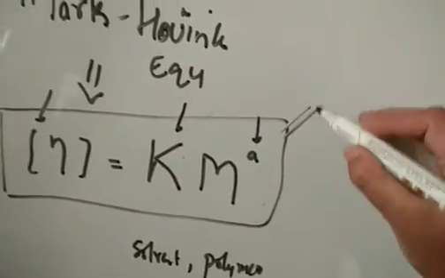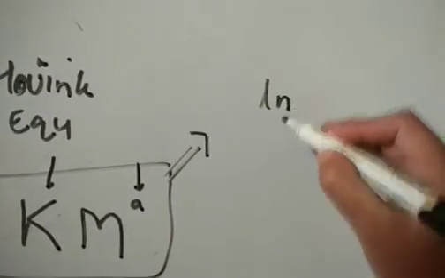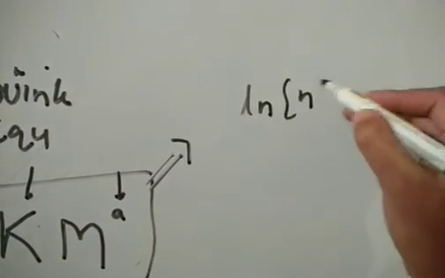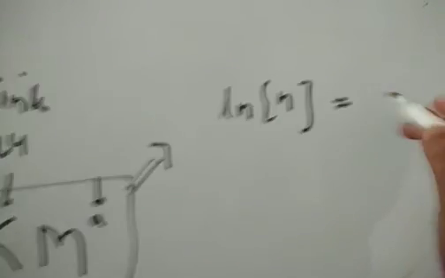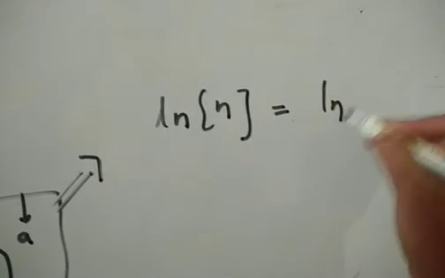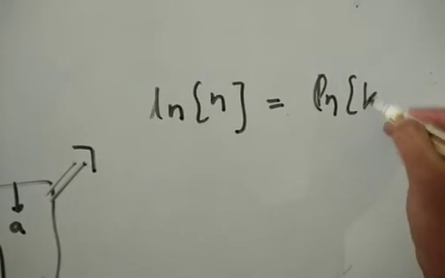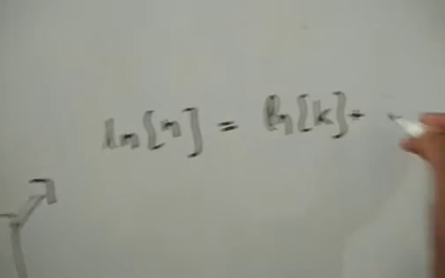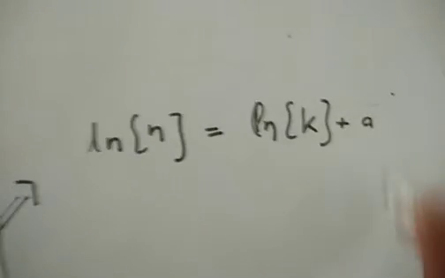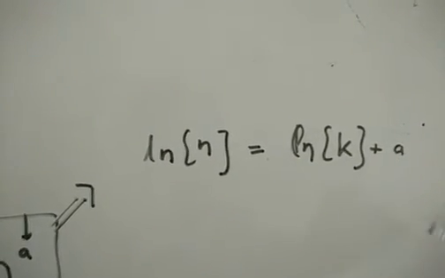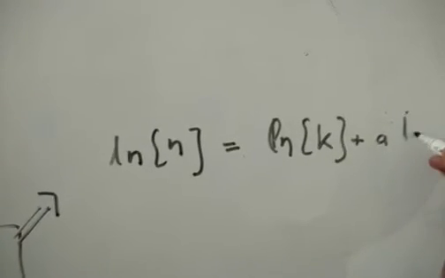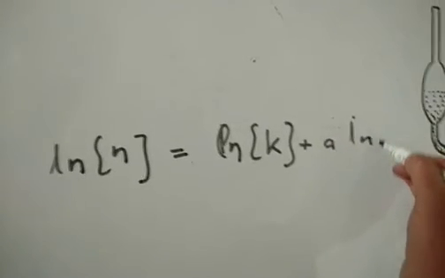Now we will solve this a little here, then we'll close this topic. So we can use the log formula here. If you apply log on both sides, we get the natural log of intrinsic viscosity equivalent to natural log of K plus a into natural log of molecular weight.